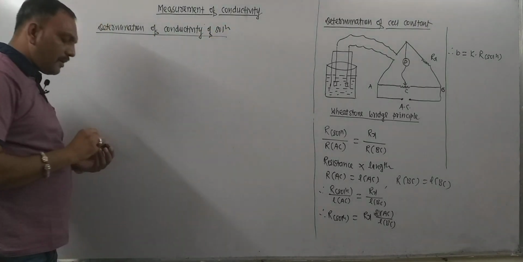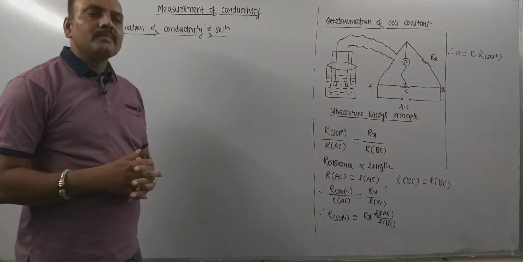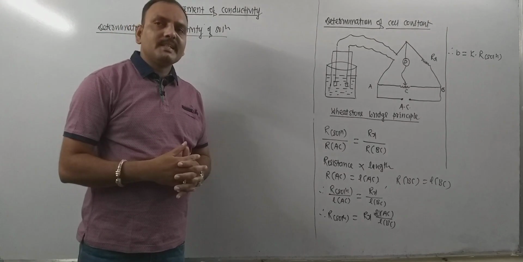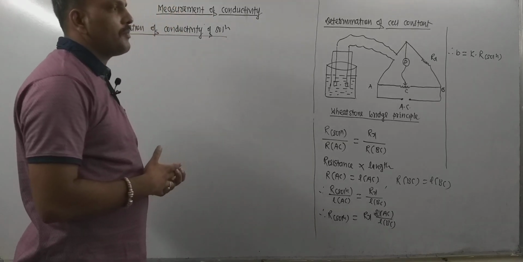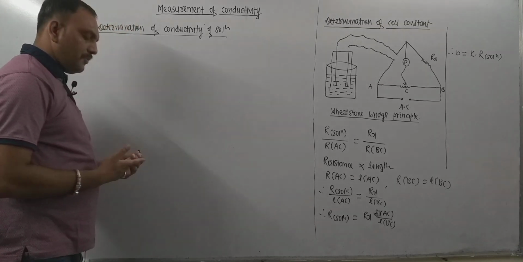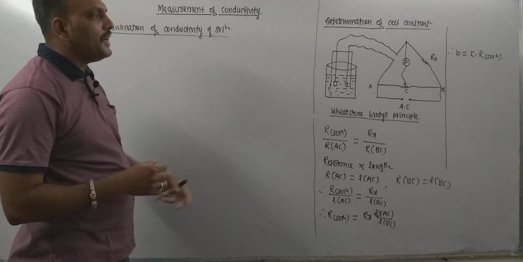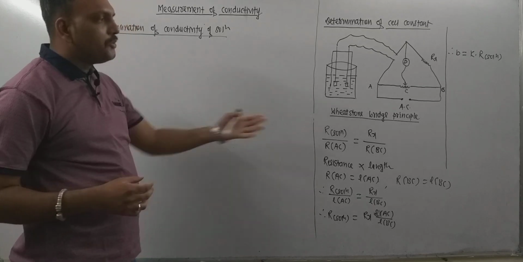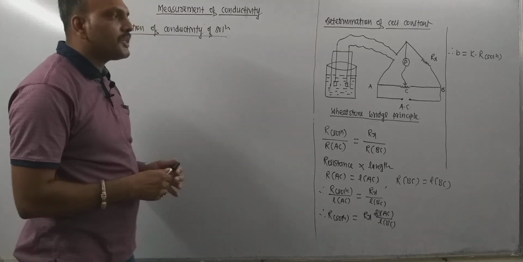Now in order to determine conductivity, we need to use this experiment, and remember, instead of using KCl, we need to use that solution whose conductivity is to be determined. Now we know the cell constant, and if resistance is determined this way, using the Wheatstone bridge principle, then the conductivity of that very solution can be determined.